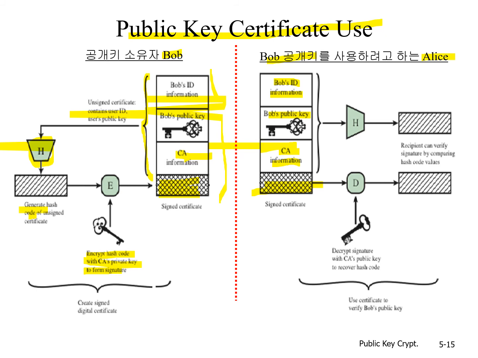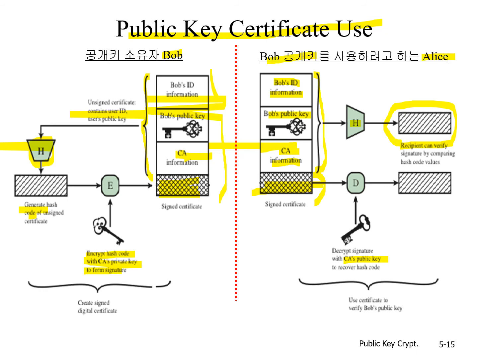And Alice obtains this certificate, hashes this data, and creates a hash value, and decrypts this signature part with the CA's public key, because Alice already has the CA's public key.